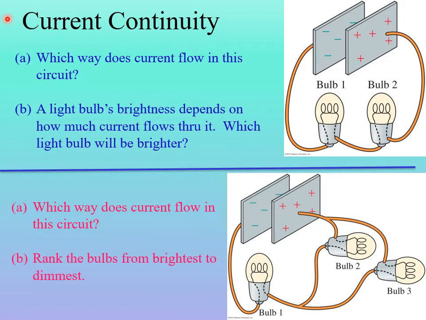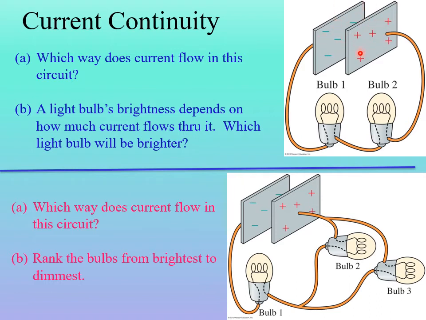Let's now look at a couple more conceptual problems that will help us understand how circuits work. These are questions that have to do with current continuity, similar to what we just did on the last couple of slides. In this first example, it says, which way does current flow in the circuit? Now this symbol up here, you can think of like a battery.